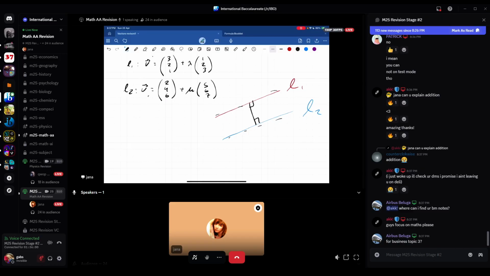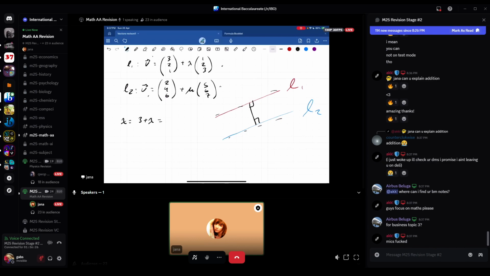And the fun thing is that you can use the parametric equations of these two lines to find the vector from any point on this line to any point on this line. So we can just do this with the question that I just came up with. X is equal to 3 plus lambda, which is also equal to 2 plus 5 mu.